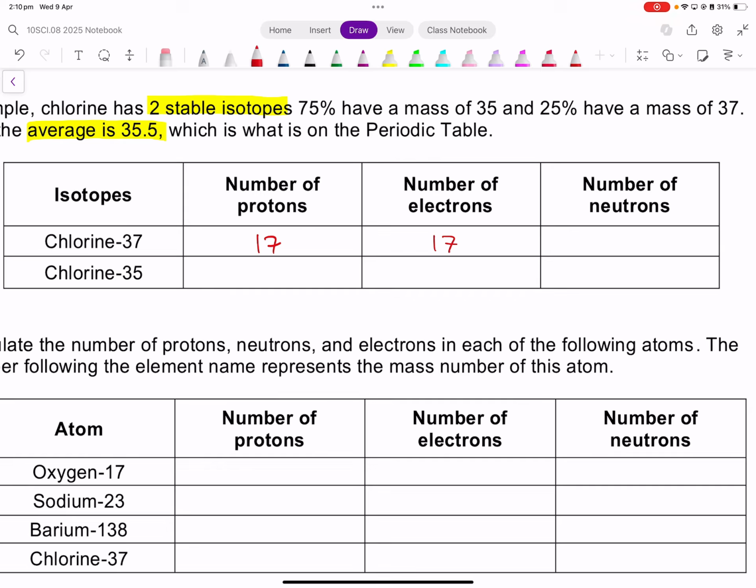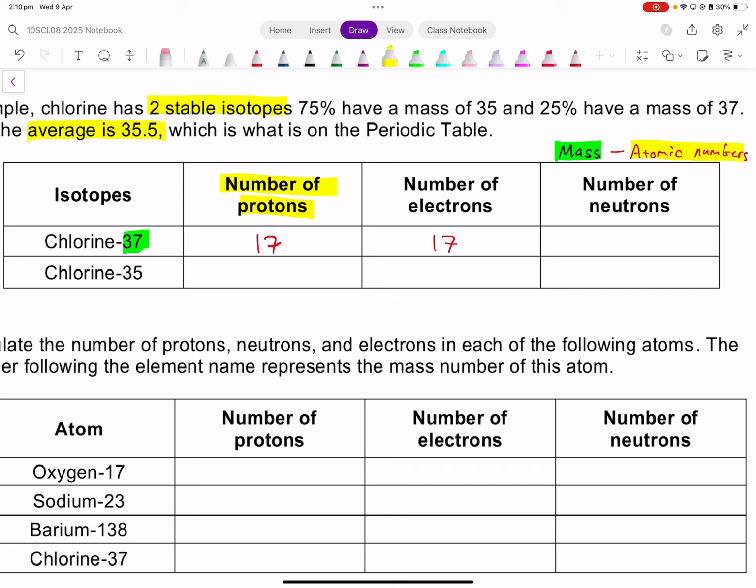Now, for the number of neutrons, okay, we have this idea called the mass, and we subtract the atomic number, or the number of protons, okay? So, in this case here, the mass is the number after chlorine, and the atomic number is the same as the number of protons.